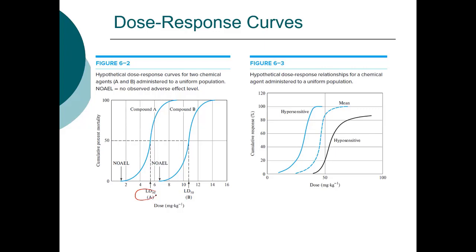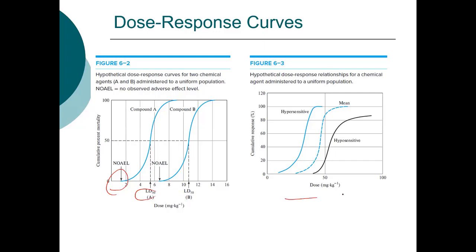The other uncertainty here is that we don't test these chemicals on humans. So typically, we're looking at animal studies, and then we have to try and relate those to the effect on humans. So that's a significant uncertainty right there. And you can see here this no observed adverse effect level.